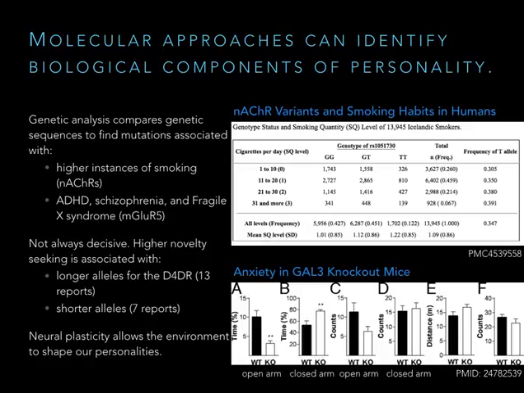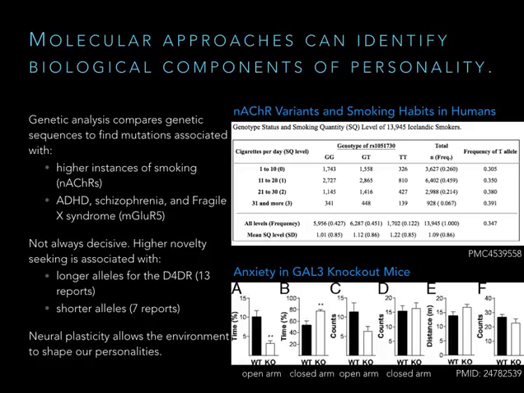So in other words, the kind of addictive behaviors, some say are associated with long versions, some say shorter versions. So there's not really much of an agreement here. It might actually have everything to do with this receptor, but the length of the allele might not matter.